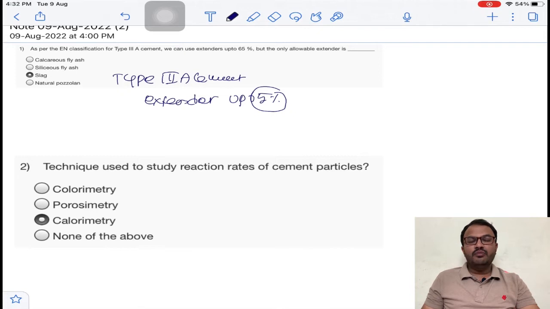According to the EN classification, it is allowed in type 3 cement up to 65% of extenders, but the only allowable extender is slag. Clear? No other material except slag should be allowed in type 3 cement.